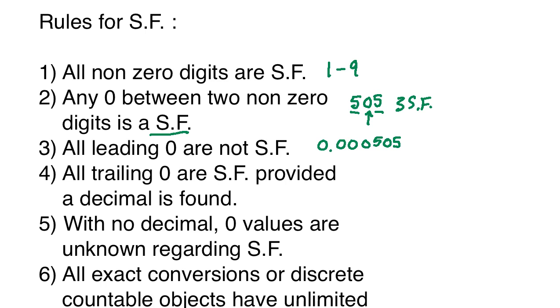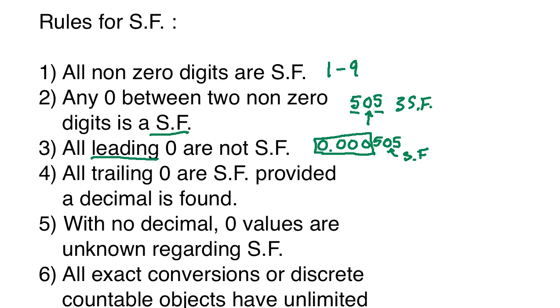We know that this 0, because of rule 2, which is higher on the list, is significant. So that will be a significant figure when I'm working with it. When I take a look at all of these other zeros, these would not be significant because they are leading up to the first non-zero digit, which is the first 5 that we see there. All right, so all leading zeros will not be significant.